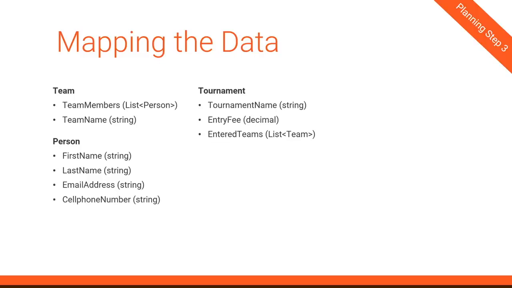We have to focus on just what makes sense for this particular object or this particular chunk of data. What goes together? In this case, we're talking about tournament. So the name of the tournament, the entry fee, the entered teams, and then also the prizes. The list of prizes contains just that, a list of prize. What's a prize?